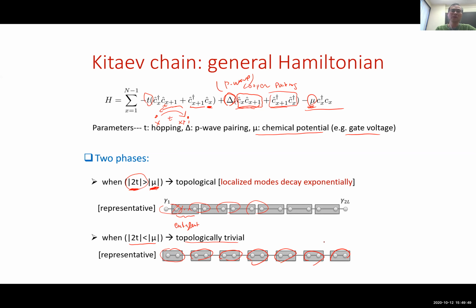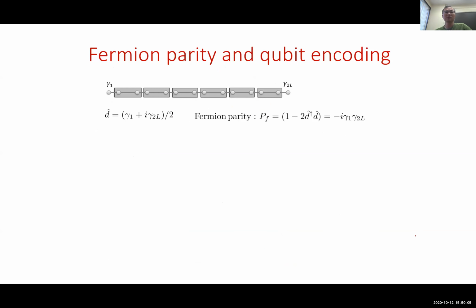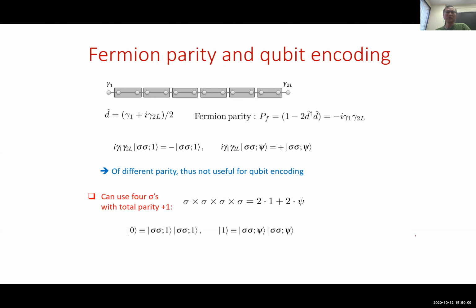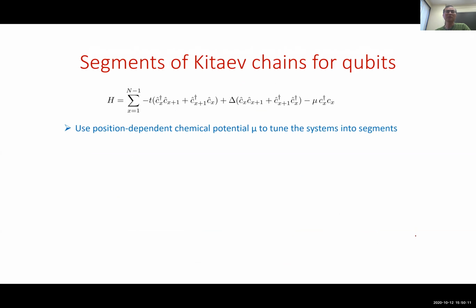So what this means is a gate voltage can be used to tune which phase, right? But you could imagine also, let me maybe go to the next slide first.